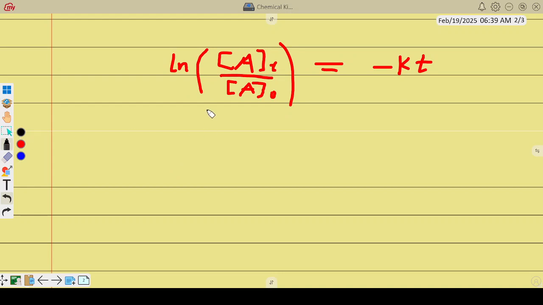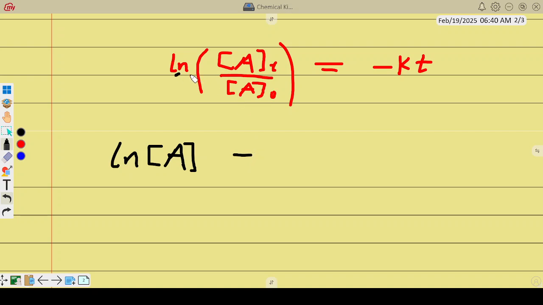And then we can simplify it further. We know from mathematics, and by the way we're going to do calculus, we'll go more advanced so that we understand everything, that from logarithms, when we're dividing, it simply means we're subtracting. So where we have ln A at a particular point over ln A initial, since we have a fraction, it simply means we're subtracting.